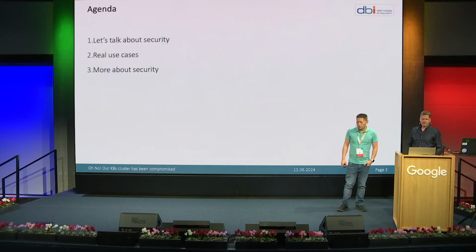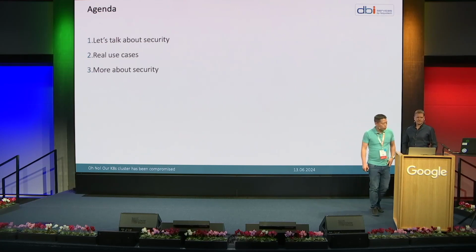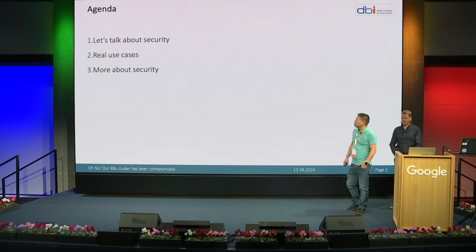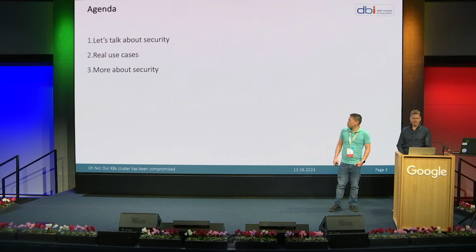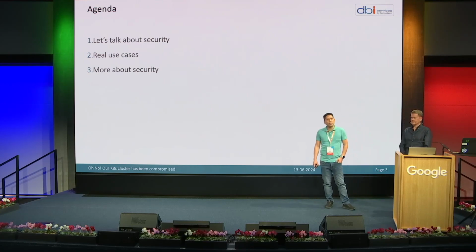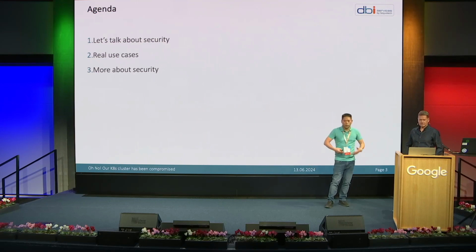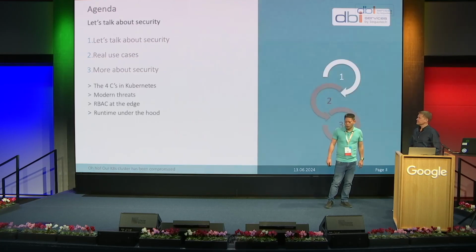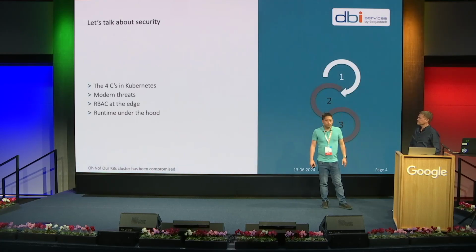Here is the agenda for today. I will talk about generic security. We have 25 minutes. We will see some real use cases, so we'll have fun with that. And we will go further with more topics about security and best practices.